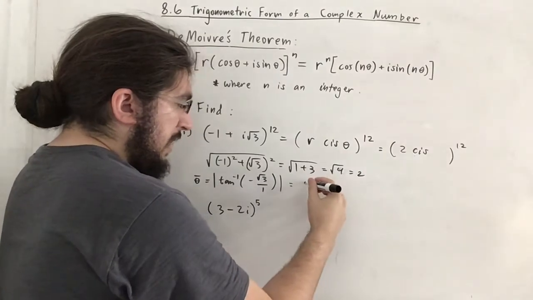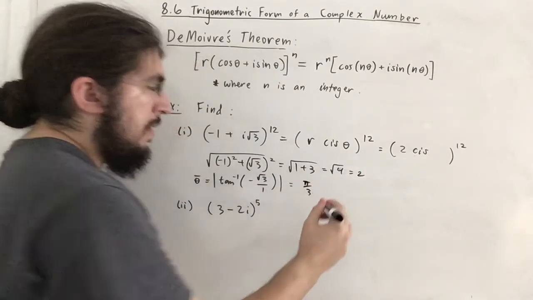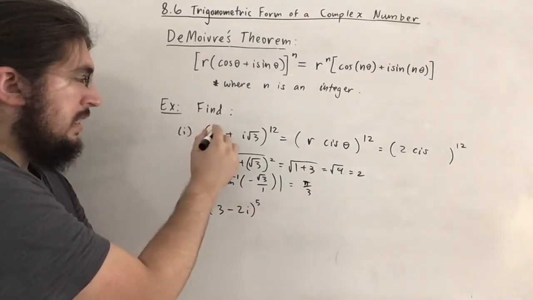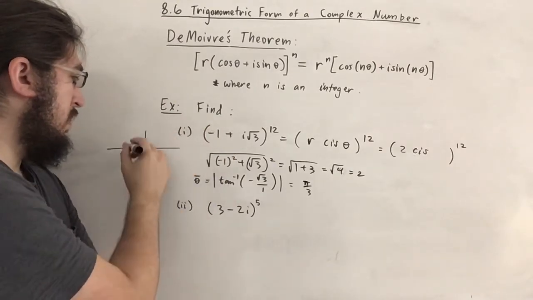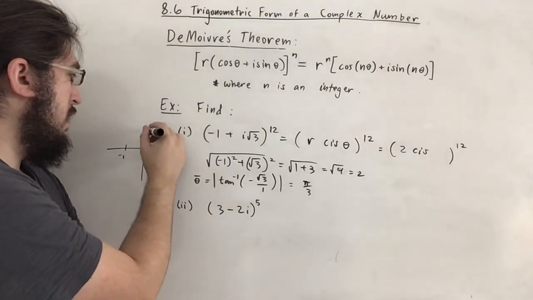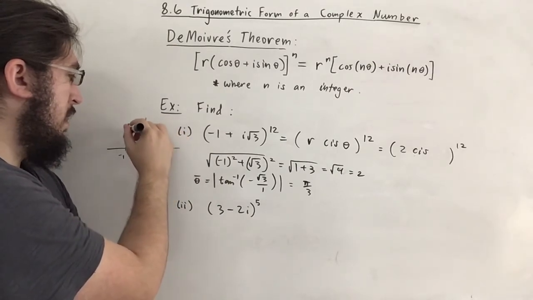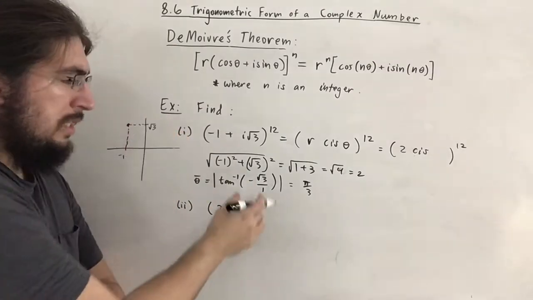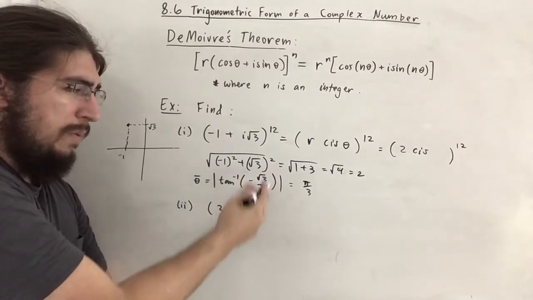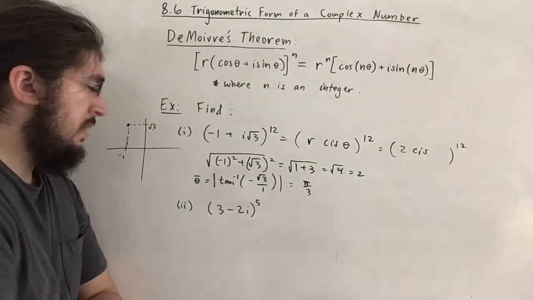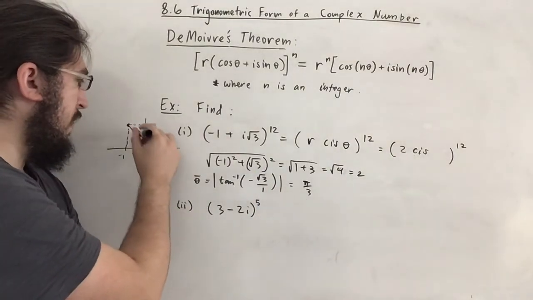So the reference angle here will be pi over 3. And now we have to check with the quadrant. This is negative and positive, so it's going to be somewhere over here in the second quadrant. And of course this makes sense because in reality here this is negative, but when we take absolute value we get positive. So the reference angle is pi over 3.